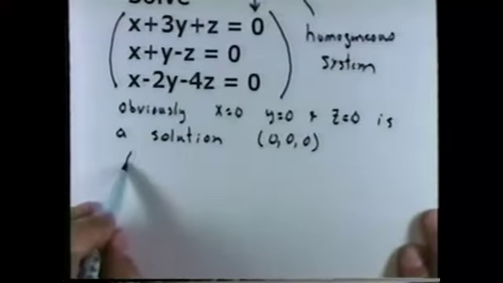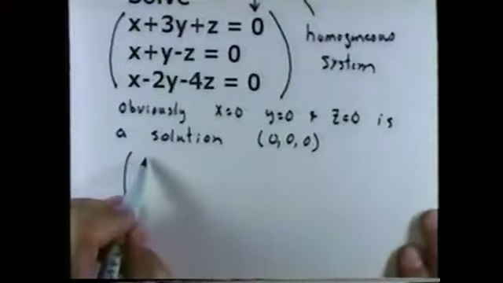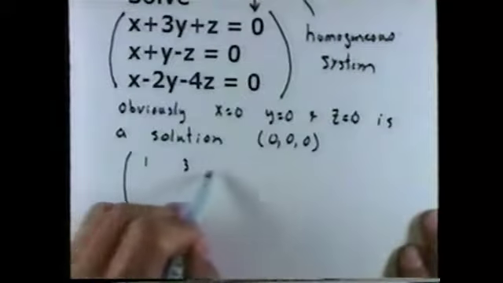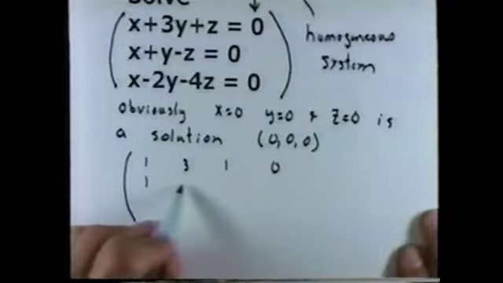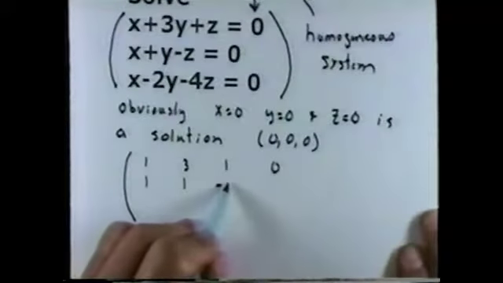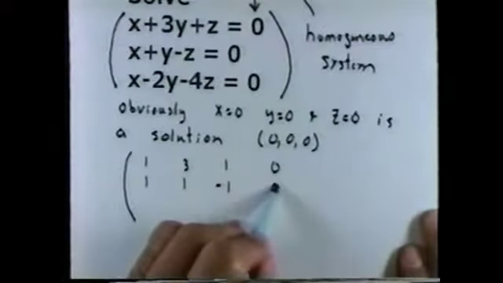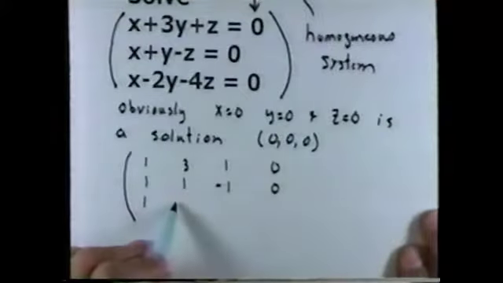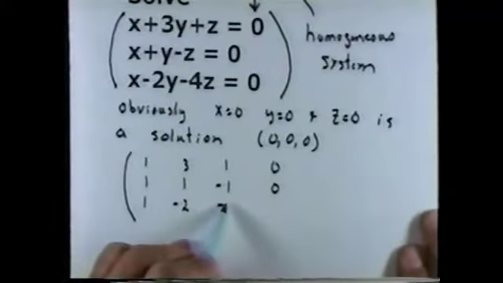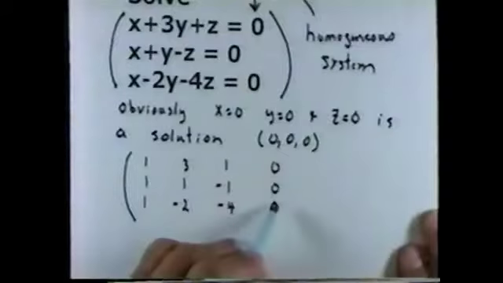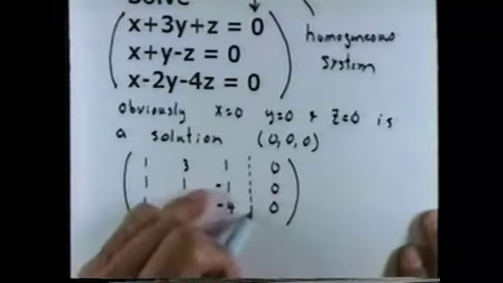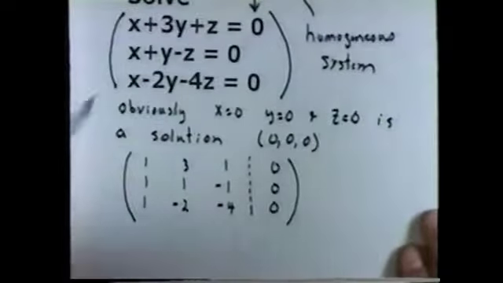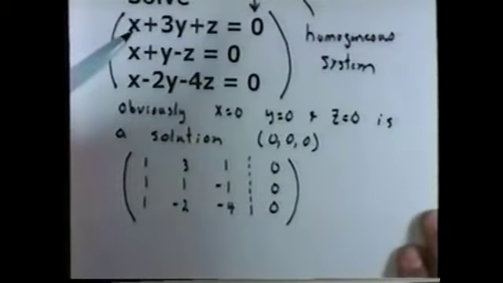I'm going to write it in matrix form. 1, 3, 1, 0, 1, 1, -1, 0, 1, -2, -4, 0. So to write it in matrix form, I simply use the coefficients.